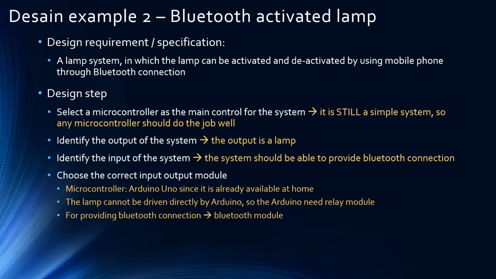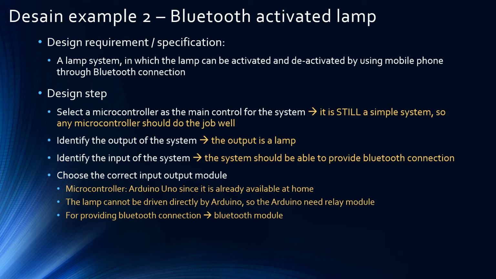Okay. Now let's try our second design example. The second example is a Bluetooth activated lamp. So we want to have a lamp that can be turned on and off by our smartphone.